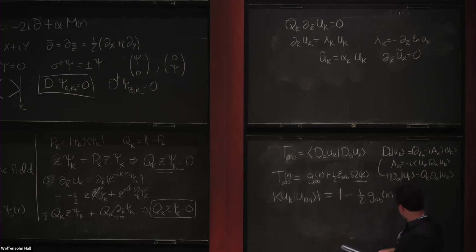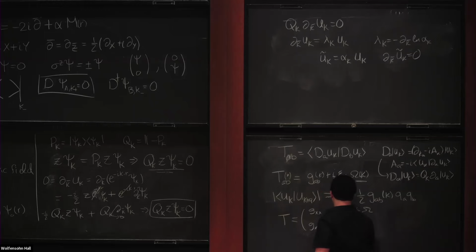So what can we say about this object? First, the fact that it's positive semi-definite means its determinant is positive. But we can write its determinant in terms of the determinant of G and of omega, because this object is simply g_xx, g_xy plus i half omega, g_xy minus i half omega, g_yy.